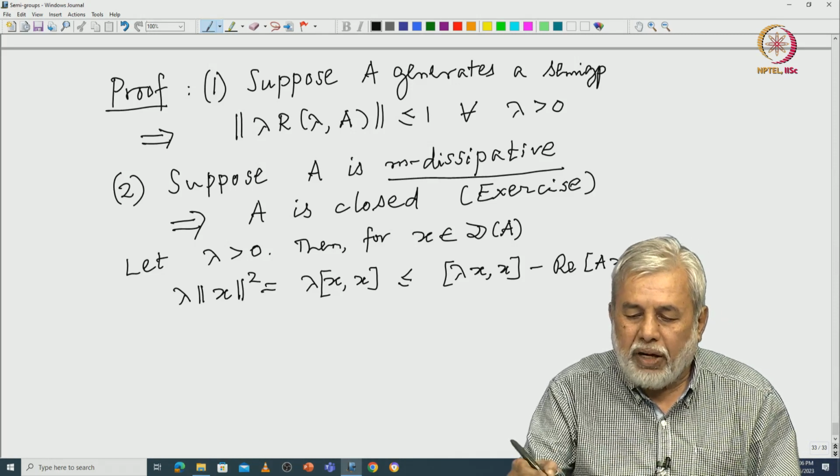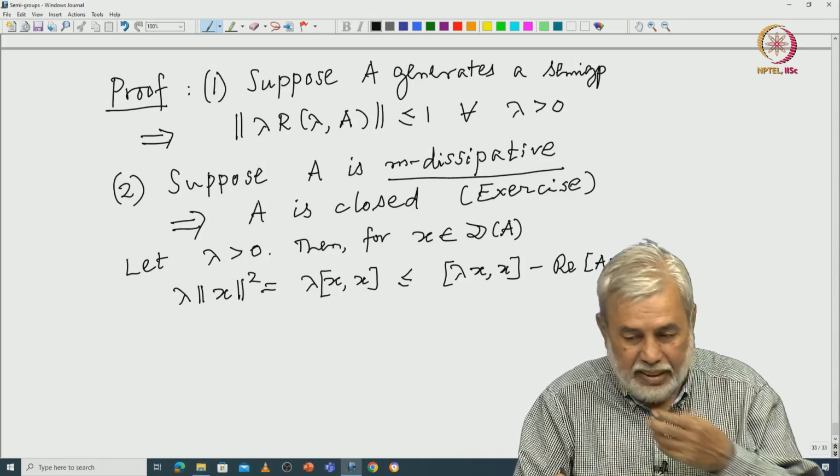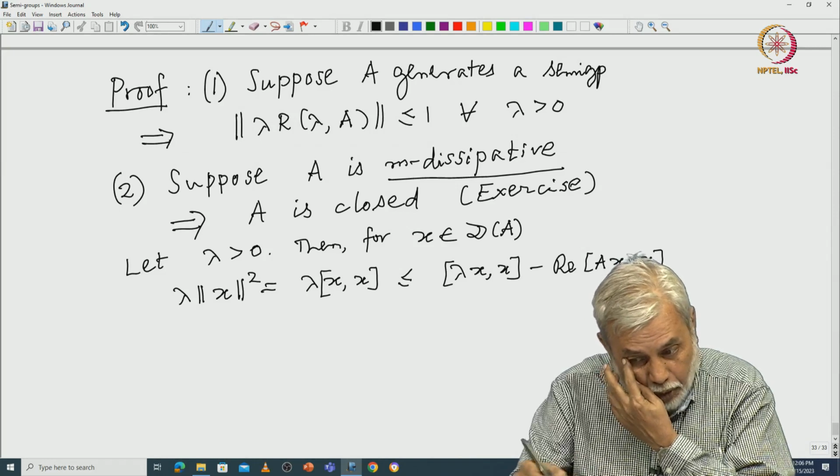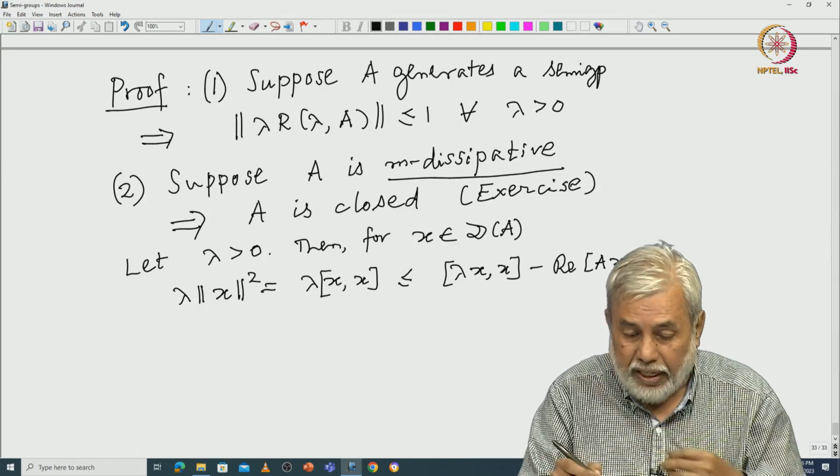Because real part of Ax, x is non-negative, I am taking the negative sign here. So that is a non-negative quantity, so I can add that.